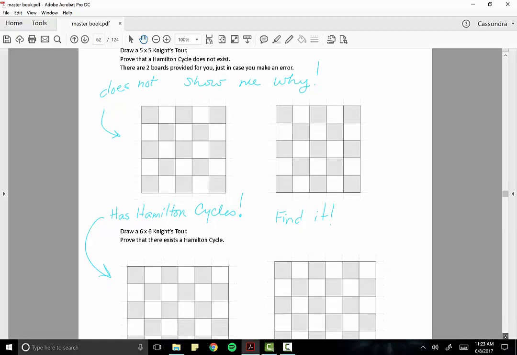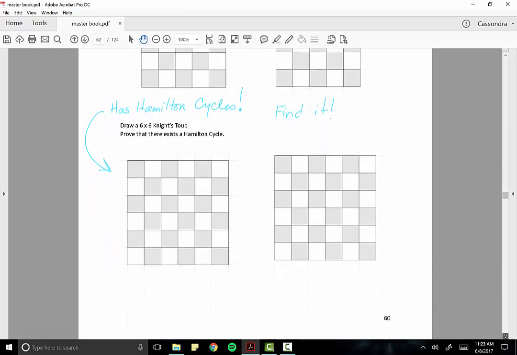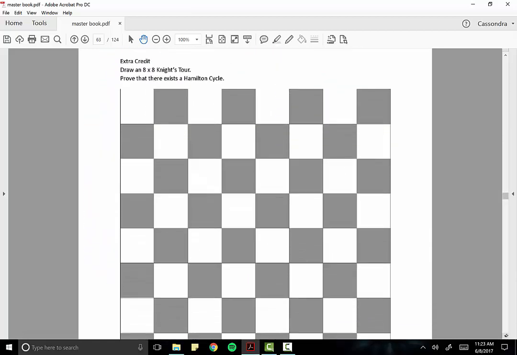Now let's talk about the 8x8. This guy has a Hamilton cycle. Good luck finding it. Don't Google it. I know all the answers. Okay? I will give you extra credit on either a quiz or a midterm, if you can show me that there's a Hamilton cycle in this graph.